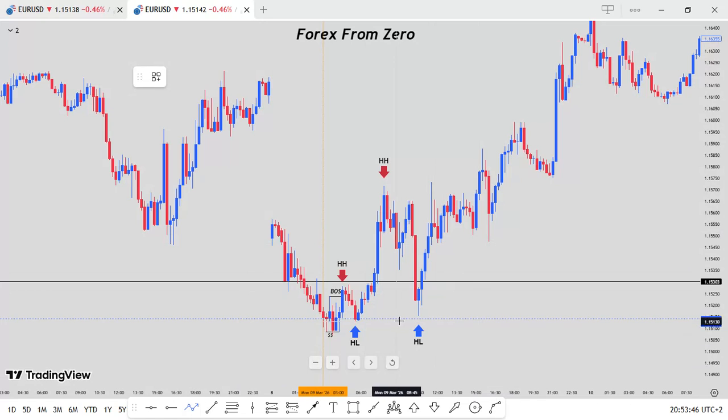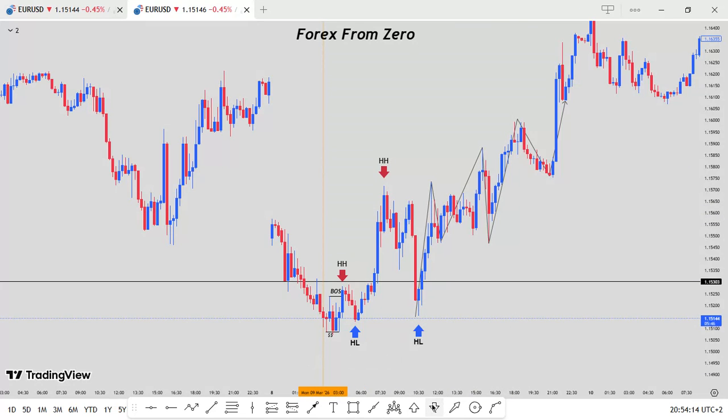Price moved from here. It had this high, it had this low, it had this high, it had this low here, it had this pullback and impulse. I don't know if you're really noticing something. So the market really moves in impulse, impulse, pullback, impulse, pullback, impulse, pullback.